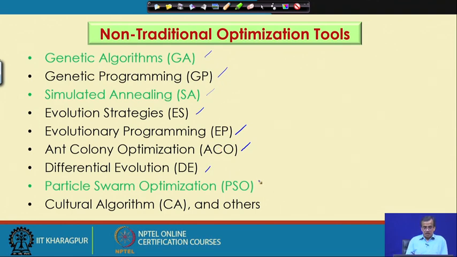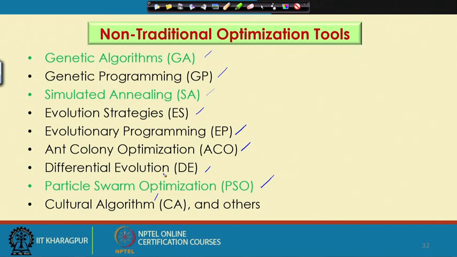Then we have particle swarm optimization and the cultural algorithm, which is once again another modified version of genetic algorithms, and others. The list is very big. We have some other non-traditional optimization tools also.